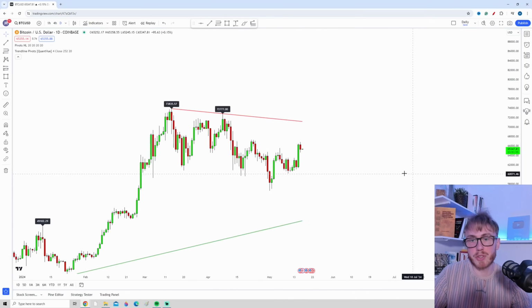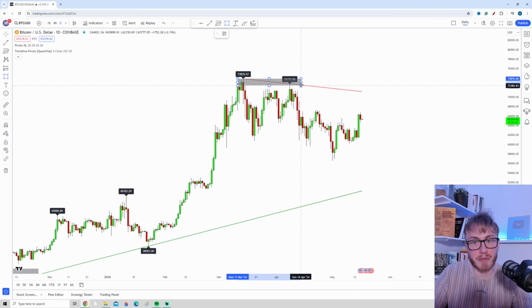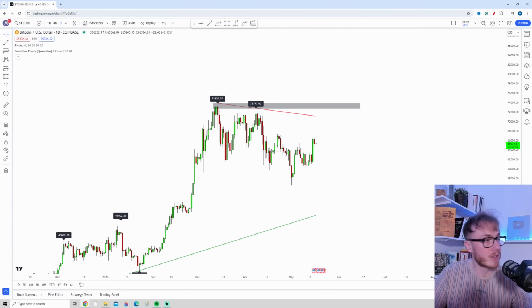As you can see, if we zoom in a bit here, we indeed have a resistance area created by this point and this point, right? And this resistance line is also still in play. And remember guys, because we have two significant pivot points at around this level for Bitcoin, around here, this is definitely a level I'm paying attention to right now for Bitcoin. A strong break above this level is definitely something to pay attention to.